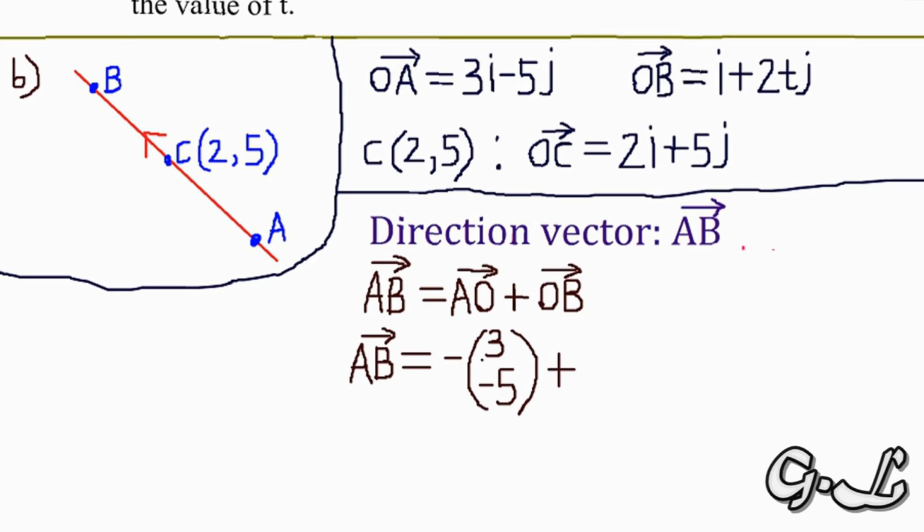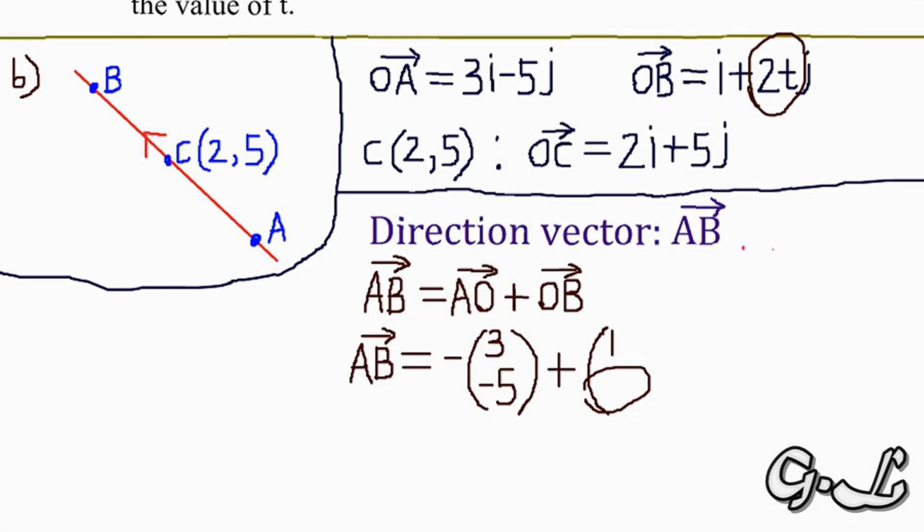So we're going to take the one which is combined with the i. It is the one which is going to be at the top, and in such a case the number combined with the i is 1. So we have 1 there, and then there we have 2t. 2t is the one combined with the j, so it is going to be like that.